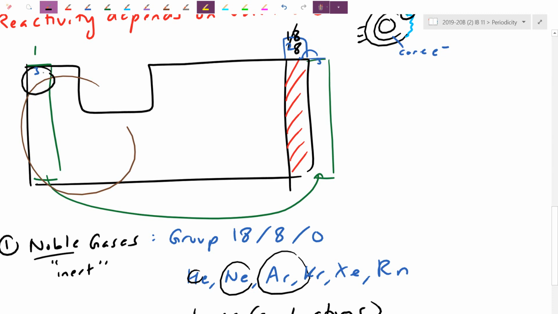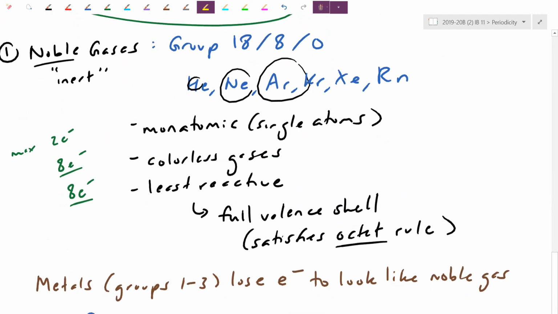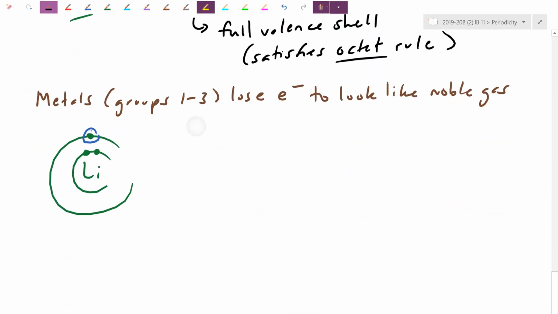It's going to have relatively the largest radius. And because it has such a big radius, it means it's going to have a relatively low ionization energy. So it's not just a pure numbers game of playing around with 1 electron or trying to gain 7 to completely fill up. Because we have a big radius, for metals it's easier to lose this electron here.